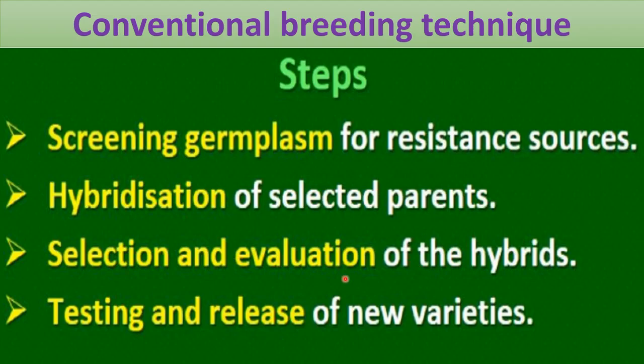So in the selection and evaluation step you will discuss the selection and evaluation of the hybrid having the disease resistant power. So those hybrids will be selected and evaluated here. After that, testing and release of new varieties, right? This will be the last step.